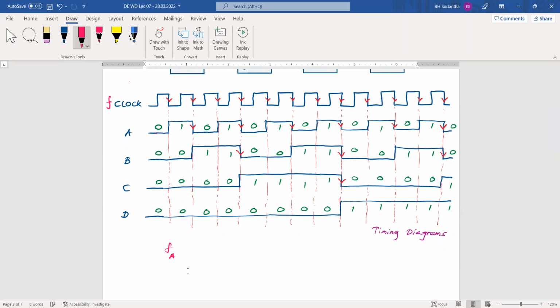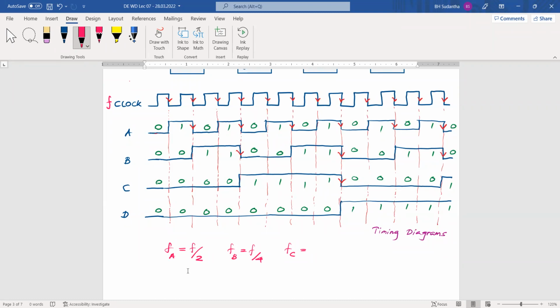Frequency of A equals F by 2. Frequency of B equals F by 4. Frequency of C, this one.